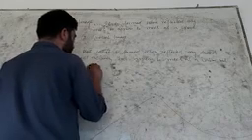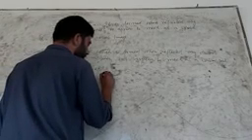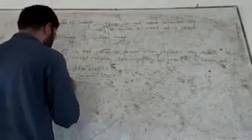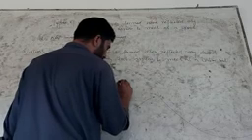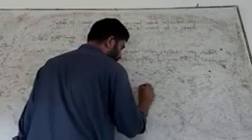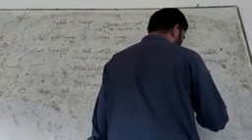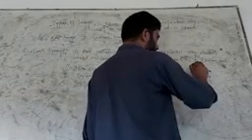Dear students, the virtual image is always correct, of the same size, and the distance of the image is the same as the object. For example, this is a mirror.